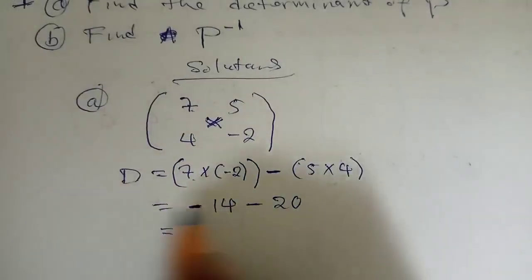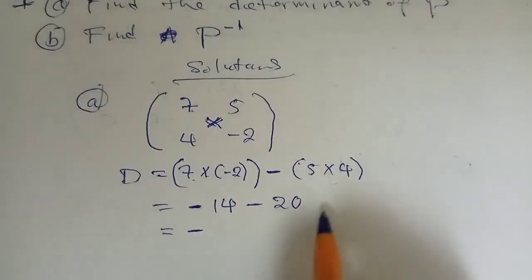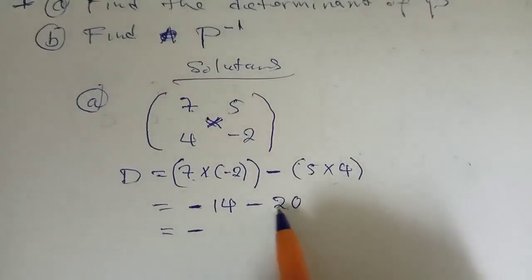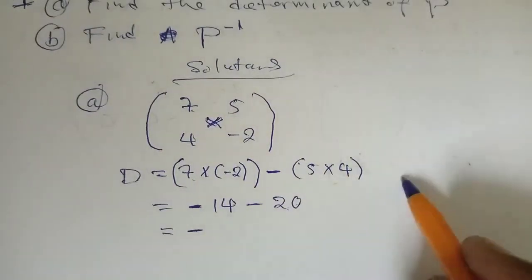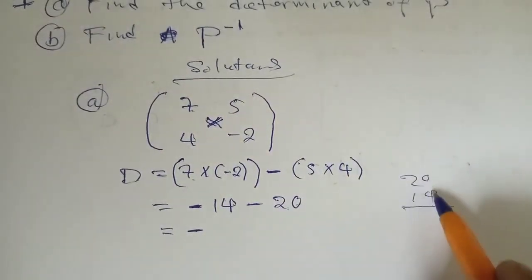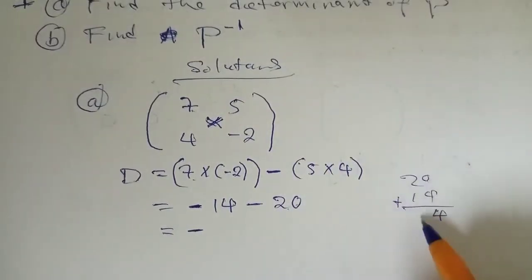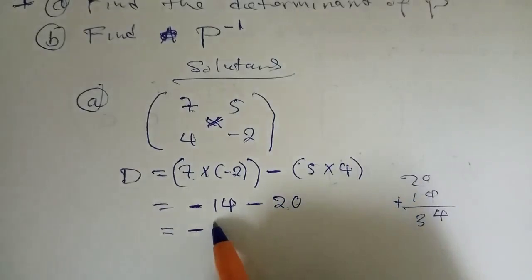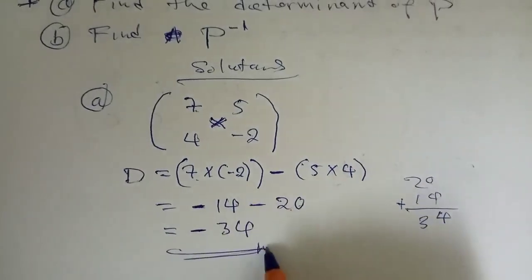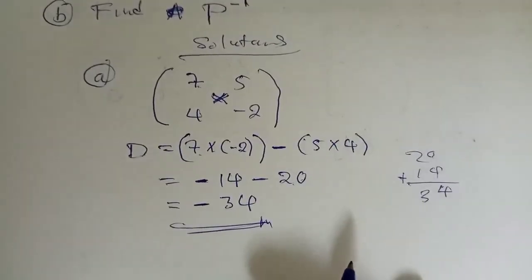When you have the same negative signs, you add the numbers and keep the sign. So this is 20 plus 14, which is 34, so the answer is -34. This is the determinant.